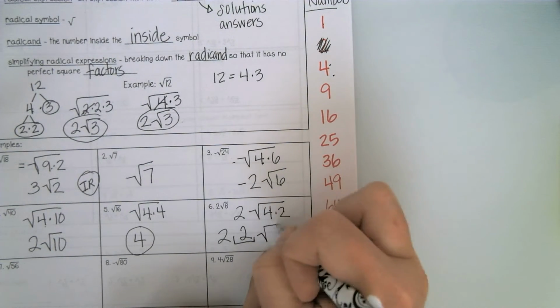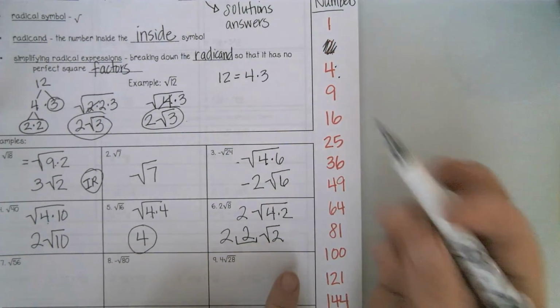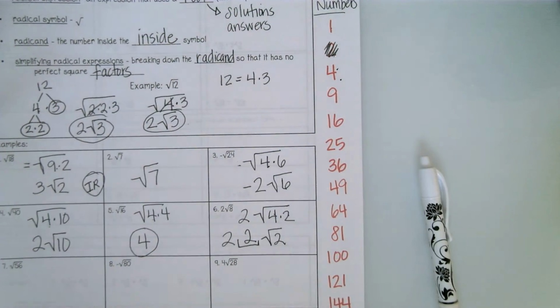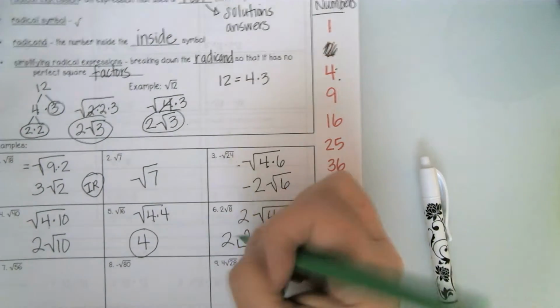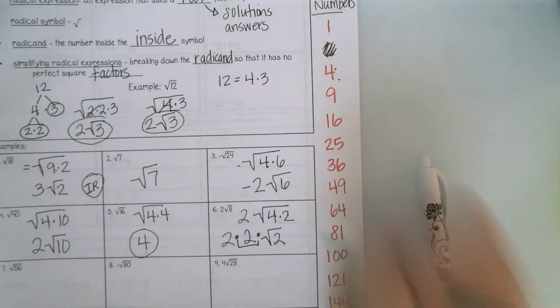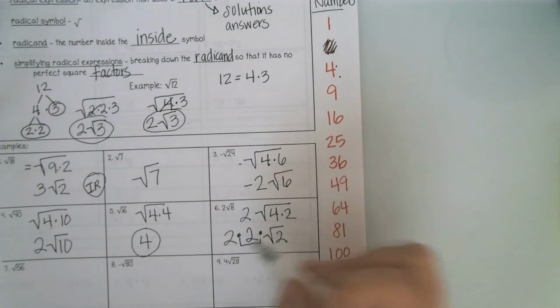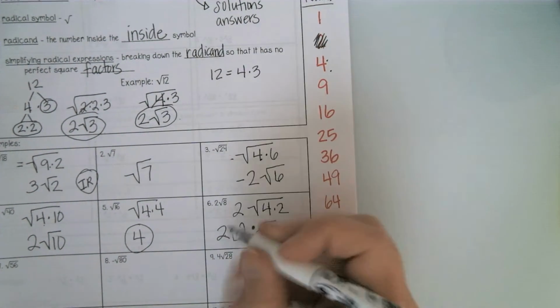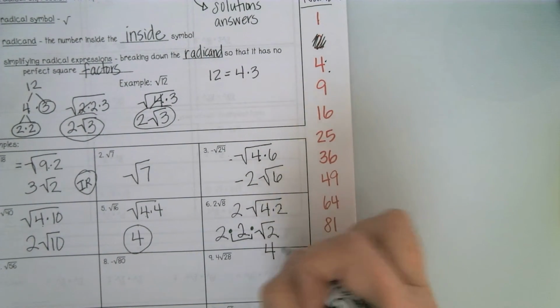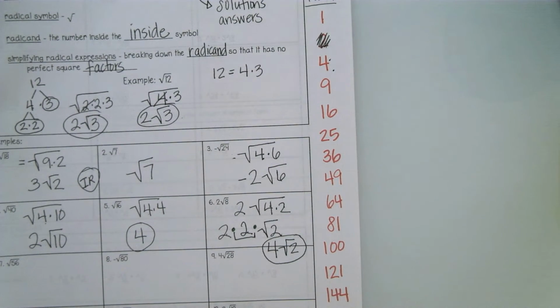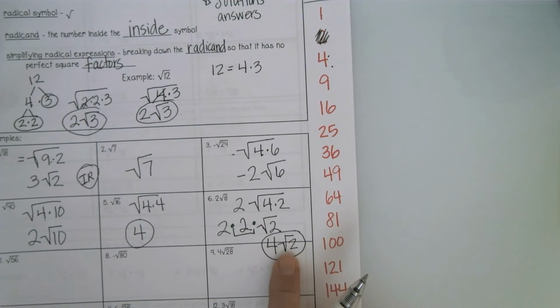That 2 has to stay on the inside. Now, as mathematicians, remember, we tend to be a little lazy. Remember, there's multiplication between each one of these. So to simplify this, 2 times 2 is 4. And I keep my square root 2.